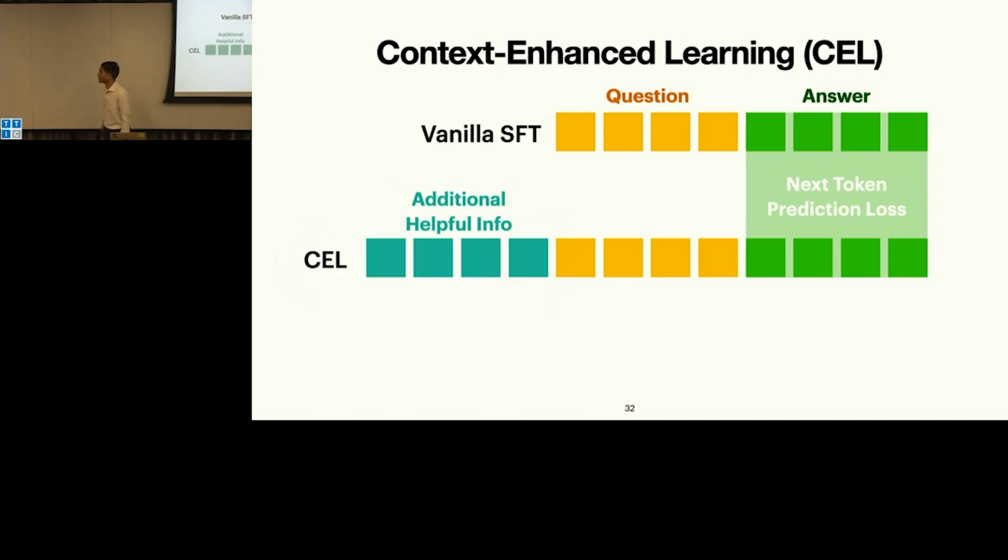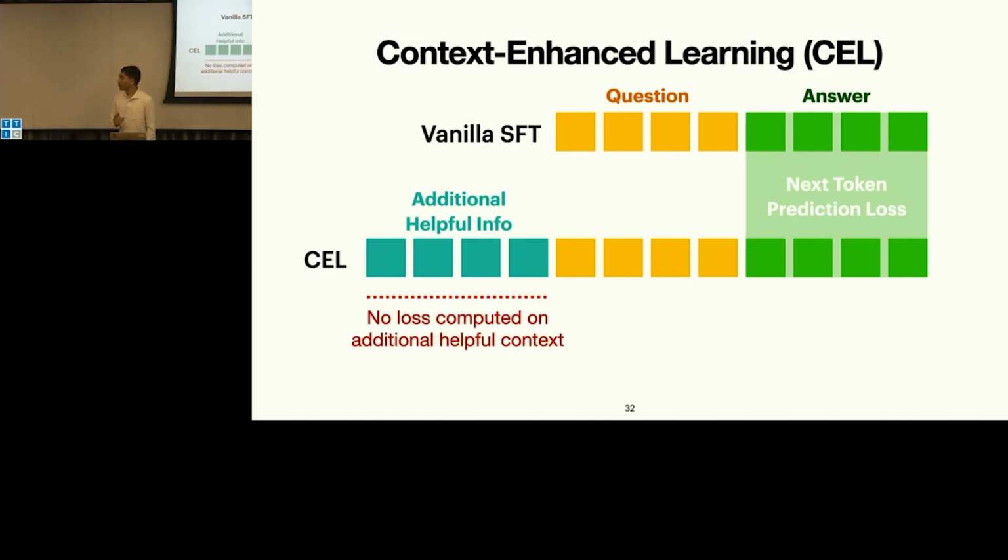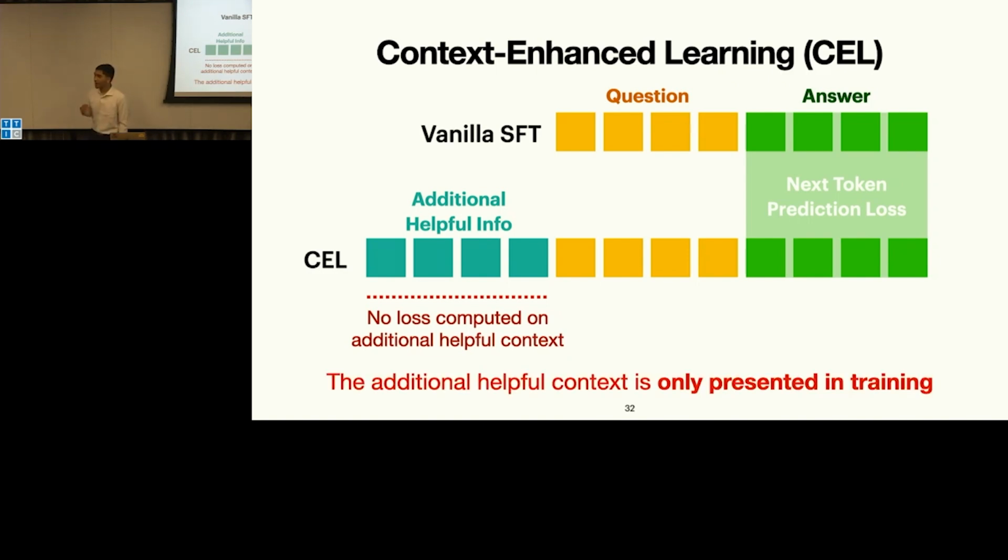And for context-enhanced learning, we'll simply add some additional helpful information for each question-answer pair, which can be dependent on the question, which can be dependent on the task. But we are not going to compute any loss on the additional helpful context. And note that this additional helpful information is going to be presented only during training.